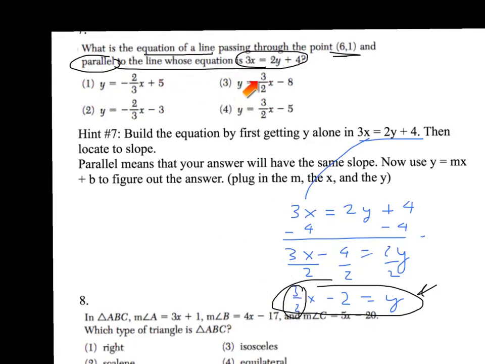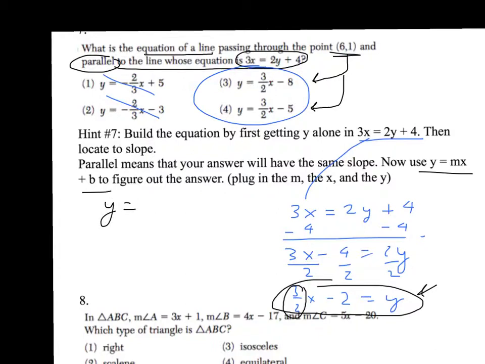So right off the bat I know it's got to be either choice 3 or choice 4, because these are the only choices that have 3/2. And there's a couple ways to finish things off. You could just plug 6 and 1 into both equations and find out which one goes through 6, 1. Or another way to do the question is just to follow my suggestion right here, which is to use y equals mx plus b to figure out which answer it's going to be.